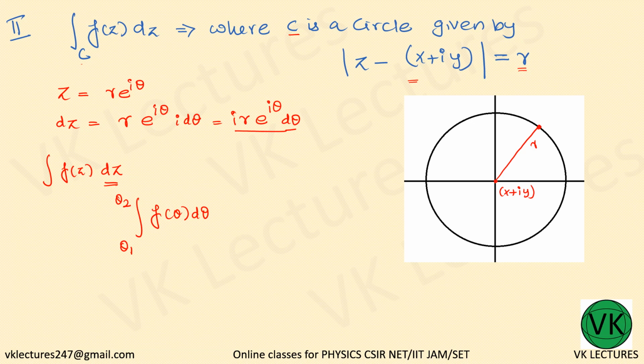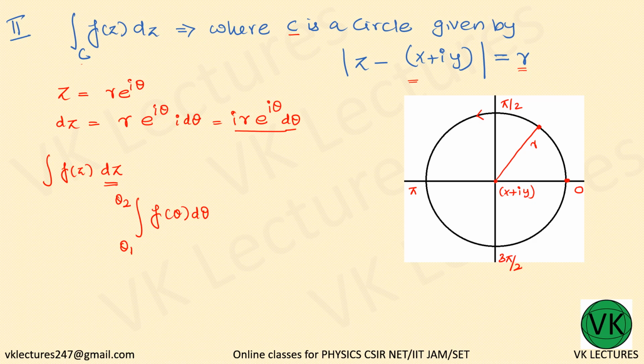Now let us understand what is clockwise and anti-clockwise integration. Anti-clockwise means, this is 0, this is pi, this is pi by 2, this is 3 pi by 2. So anti-clockwise from 0 to pi is in this direction. Clockwise direction is just the opposite.